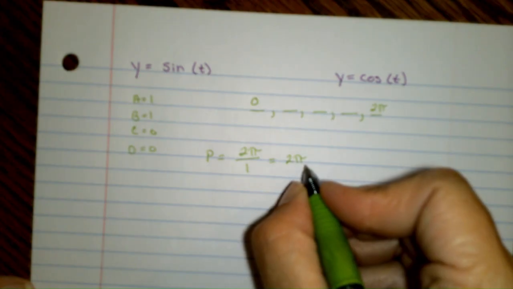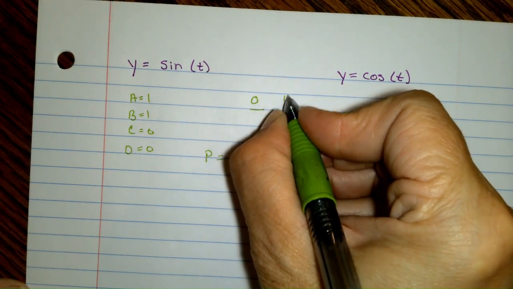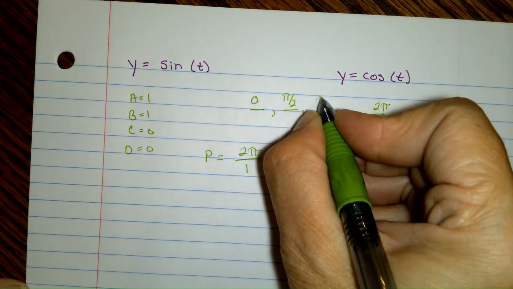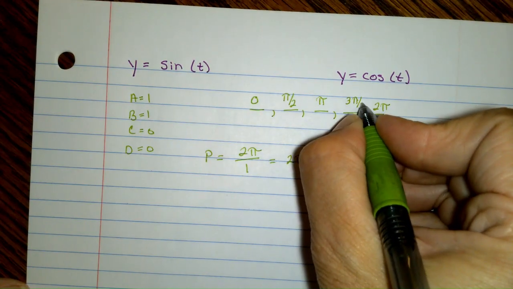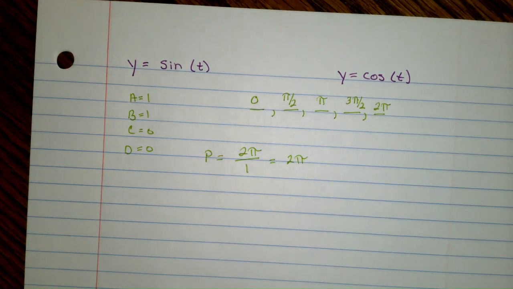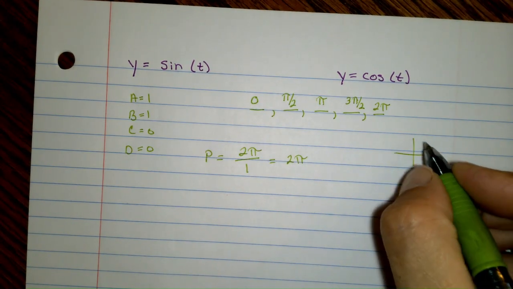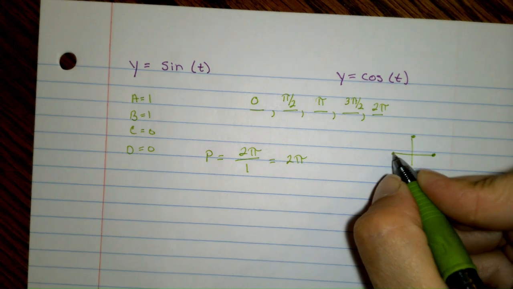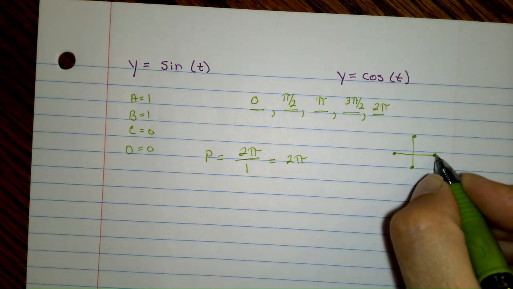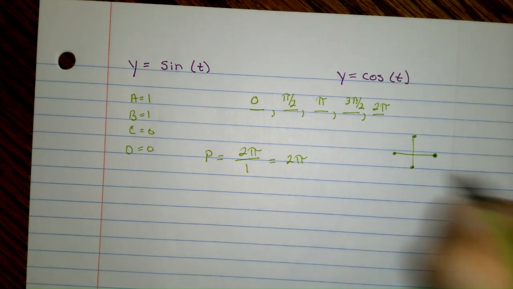And then if we take that and divide it by 4, we get pi over 2. So plus pi over 2, plus pi over 2. It makes sense. It's 0, pi over 2, pi, 3 pi over 2, 2 pi.